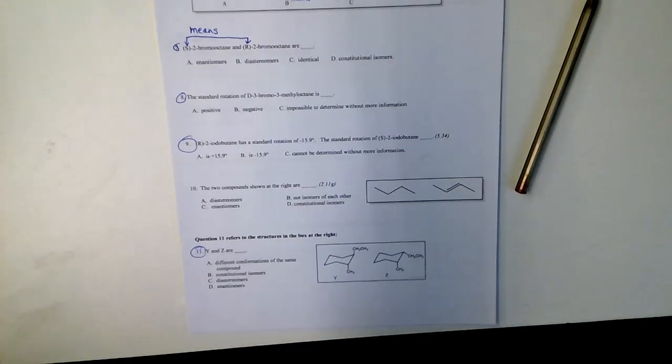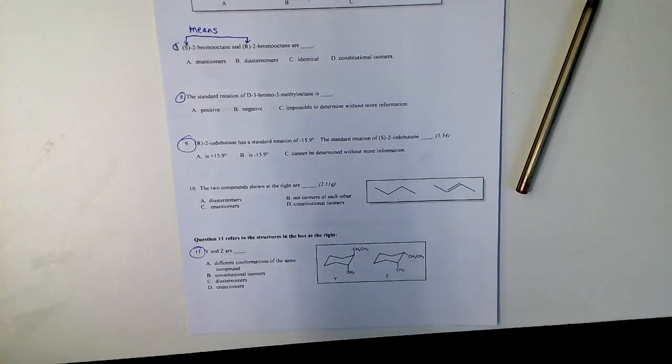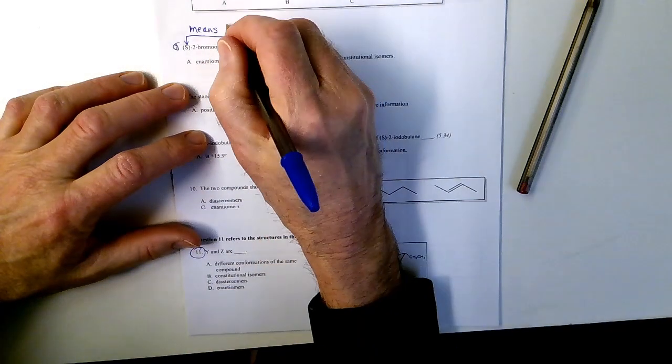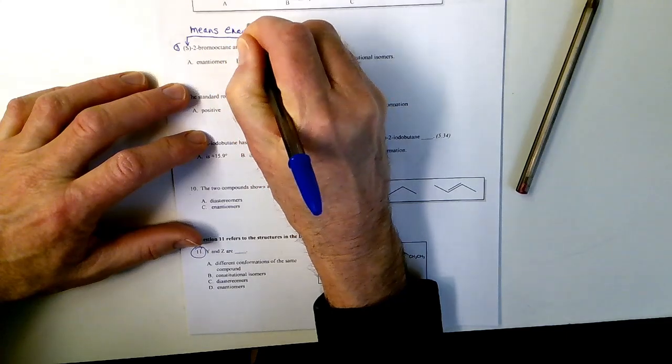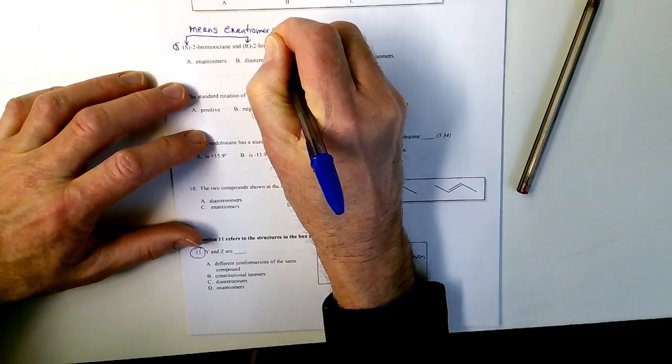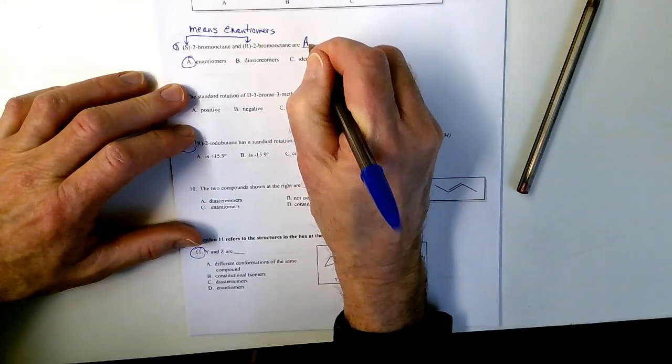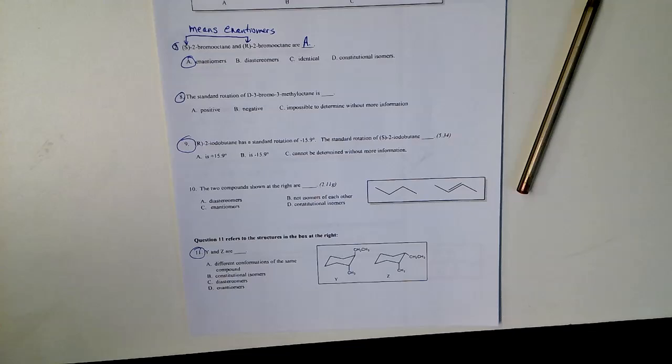R and S we use to describe one enantiomer and the other enantiomer. That's what this means. That's a quick answer that you ought to jump to because you understand it.